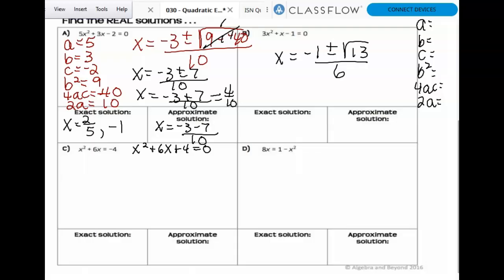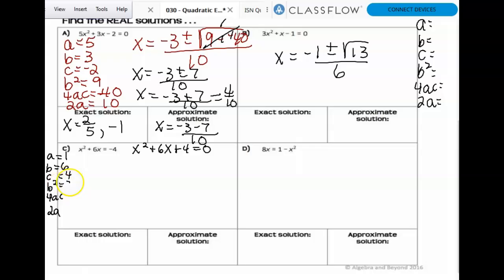So then we're going to do a, b, c, b squared, 4ac, and 2a. So what is my a? The number in front of x squared is 1. So we're going to put a 1. What's the number in front of x? 6. The number that's by itself is 4.